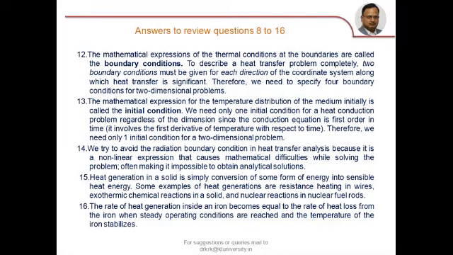For example, initially, what is the body temperature before the heat propagates? That initially means at time t equal to 0 seconds, what is the temperature? That condition, which we represent with reference to time as a parameter, is known as the initial condition.